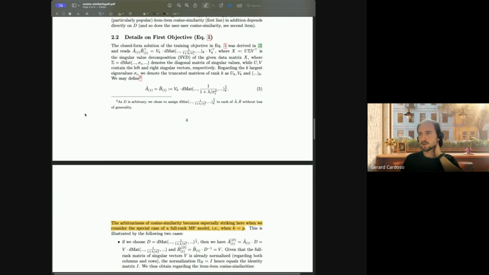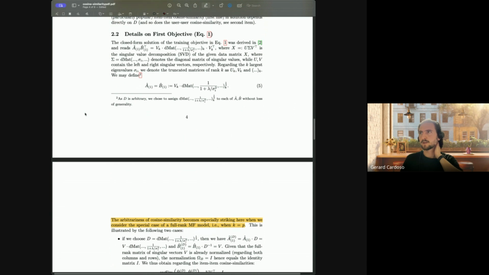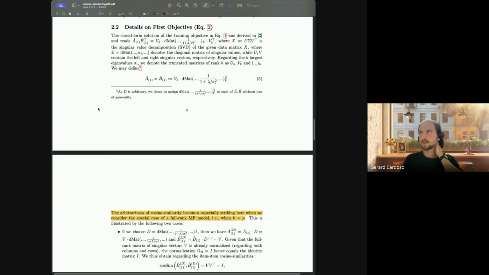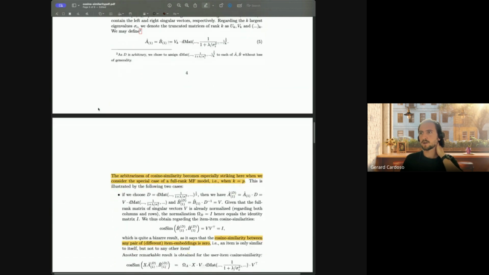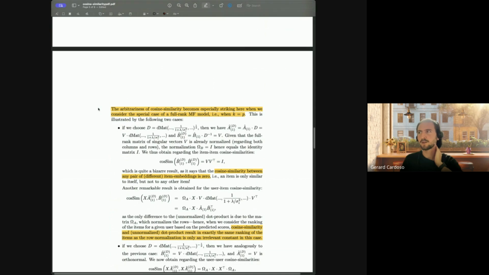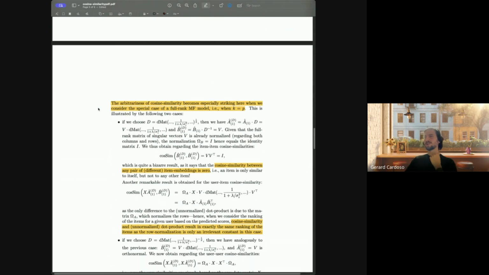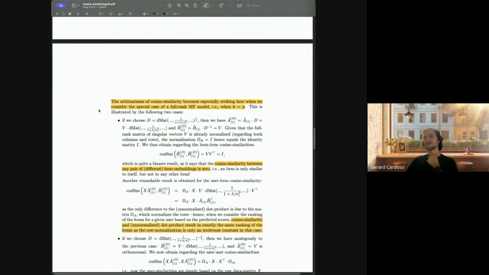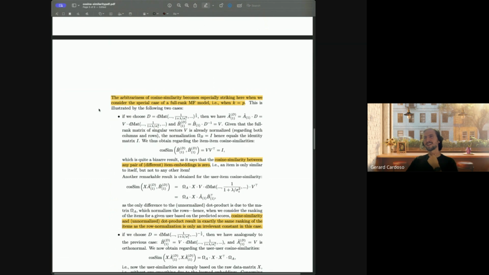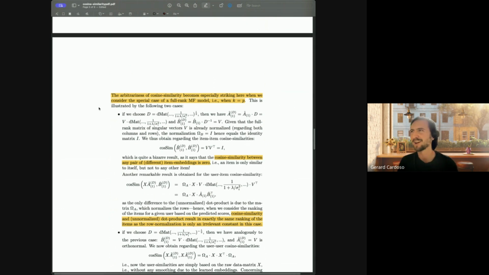They give some details on the derivation of the closed form solution, and it's kind of a funny example to demonstrate their point, but how useful it is, I'm not sure.